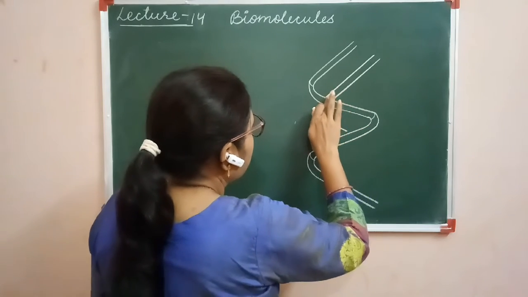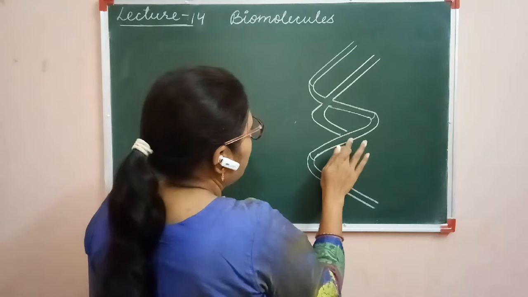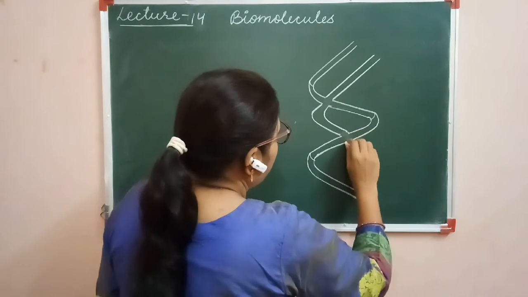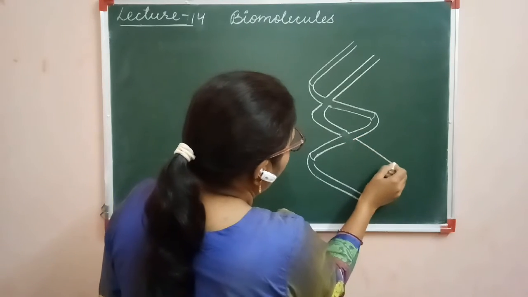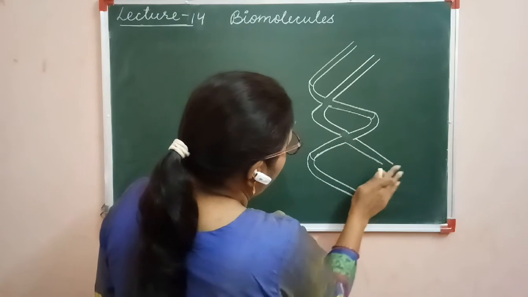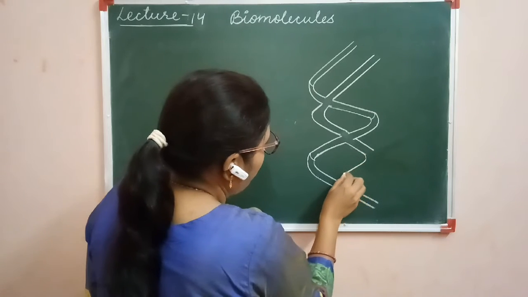Clear? We will erase this from here. Again we will erase this from here. Clear? This is the second strand of DNA. Here again this forms one more turn.